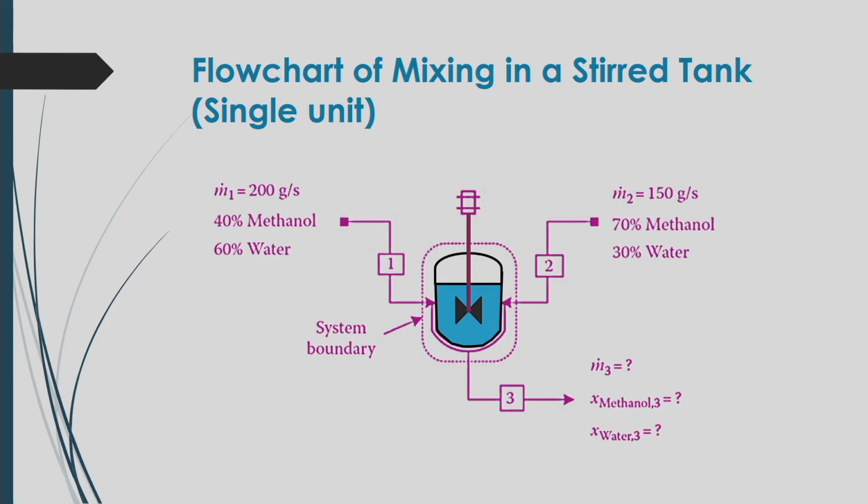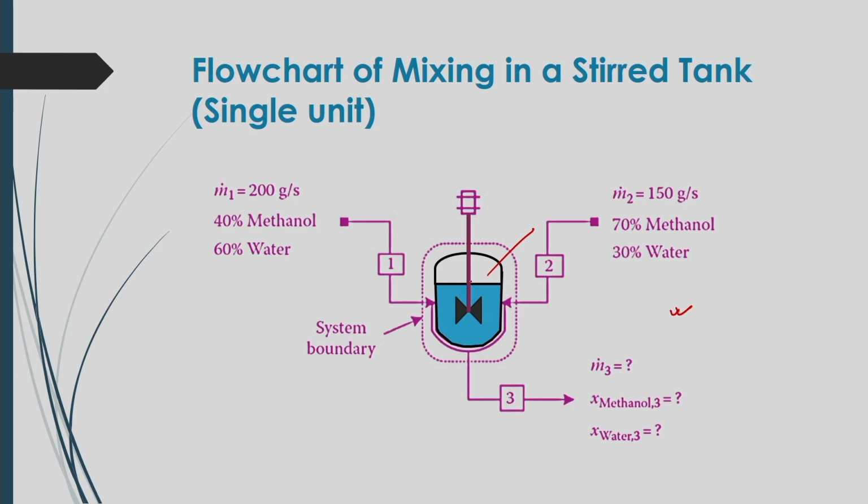principles. Now, if we look at the flow chart of mixing in a stirred tank reactor, what can we have here? This is a typical flow chart as given here in the slide. You will see that this is basically a CSTR where mixing of liquid streams is being done.